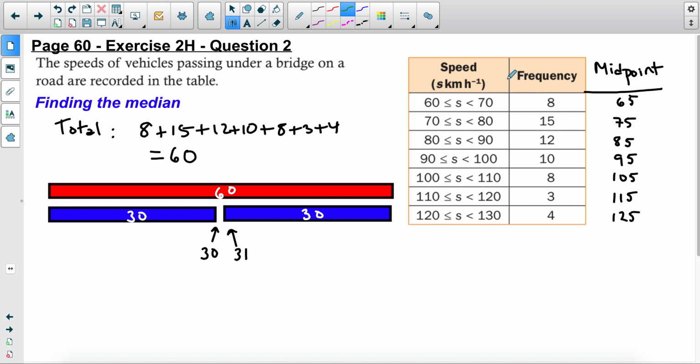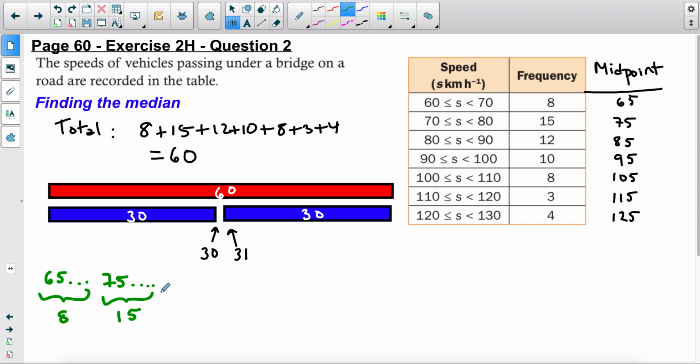So I'm going to represent each class by their midpoint. The 65, or the first class, is repeated 8 times. The 75, or the second class, is repeated 15 times. By this point, I still haven't reached my 30th piece of data.